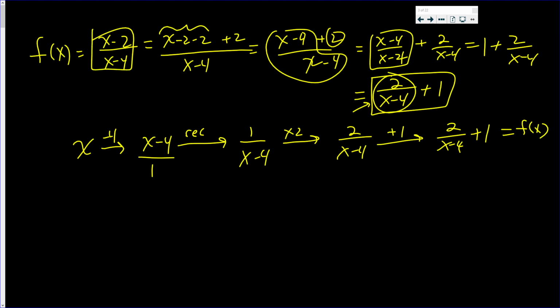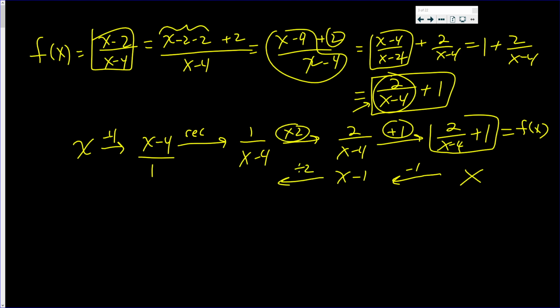So now I call f of x, x, big X, different x. And to undo adding 1, I take away 1. So I get x minus 1. To undo multiplying by 2, I divide by 2. So I get this divided by 2.